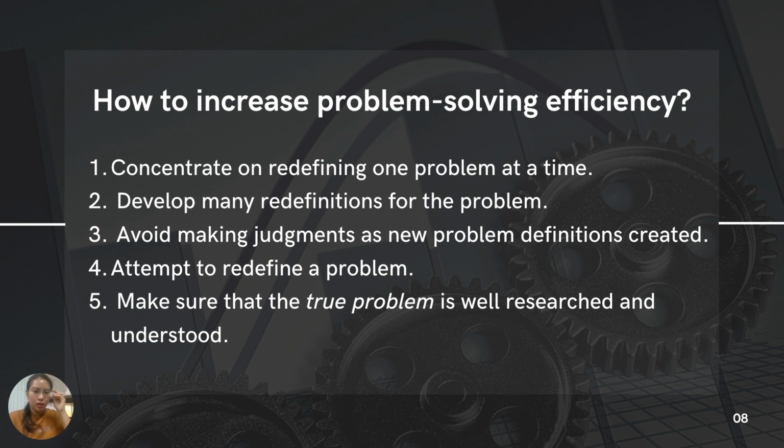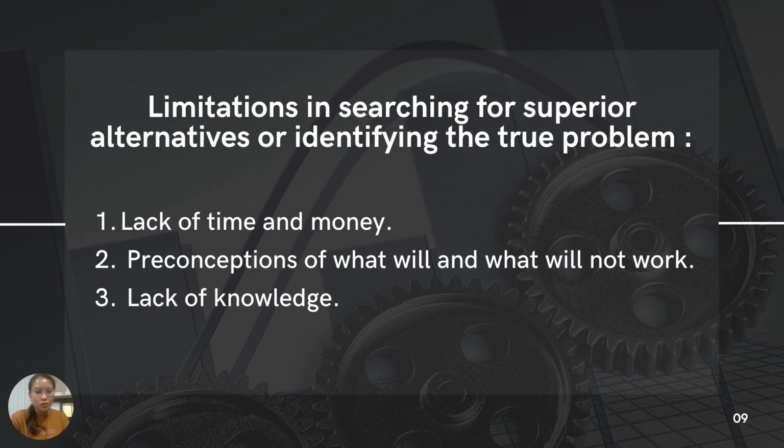And number five is make sure that the true problem is well researched and understood. Right? So, you have the true problem and then you redefine all the problems. Attempt to redefine. Avoid making judgments, develop many redefinitions, concentrate on redefining.